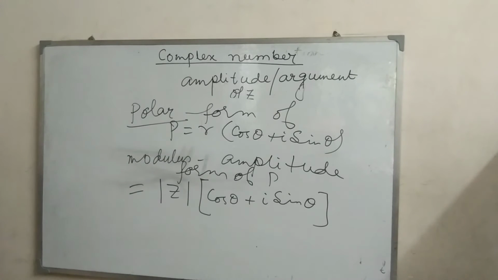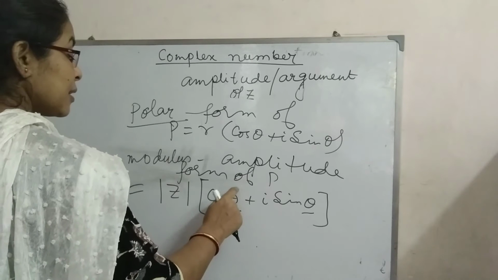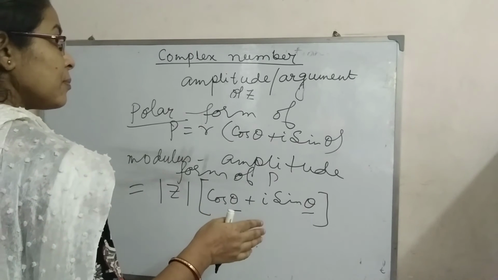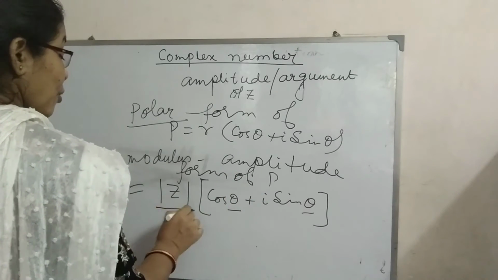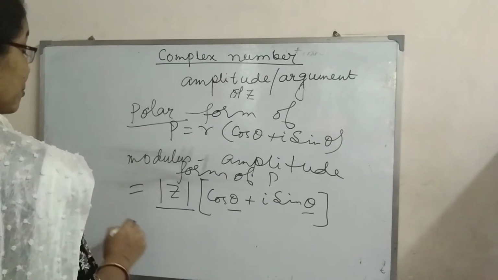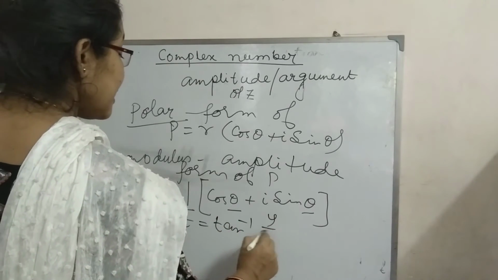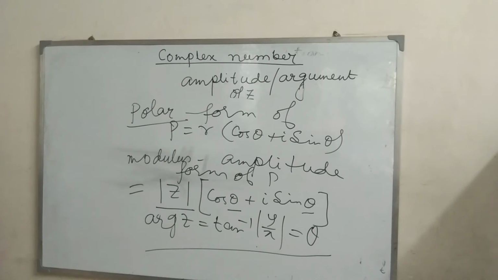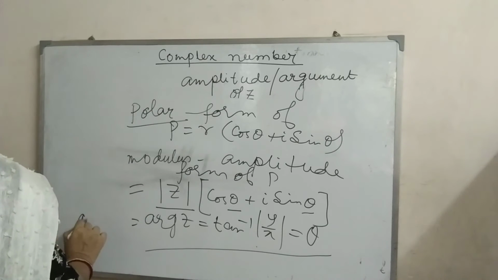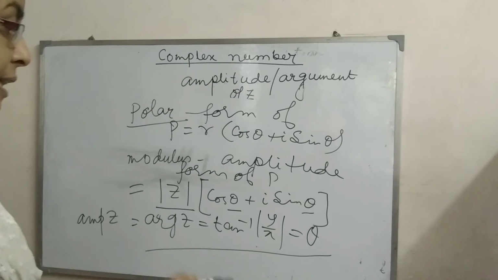Theta is the angle which OP makes with the positive direction of x-axis, that is, this is the argument, and OP makes an angle theta with x-axis, and this is modulus z. Argument z equal to tan inverse y by x, this is equal to theta, or amplitude z, or argument z equal to tan inverse y by x, that is equal to theta.